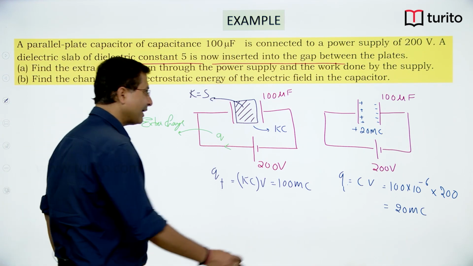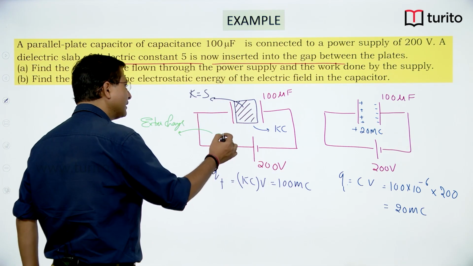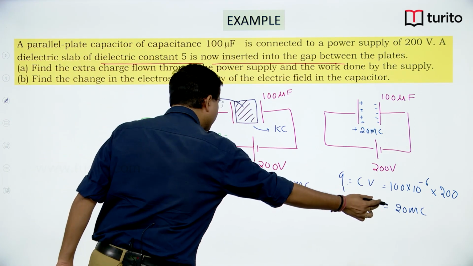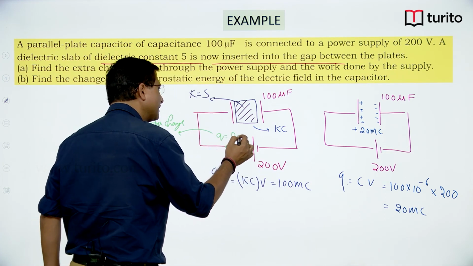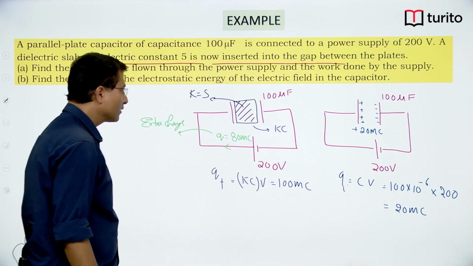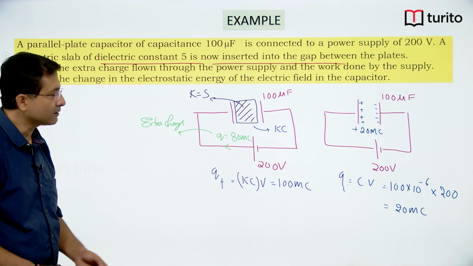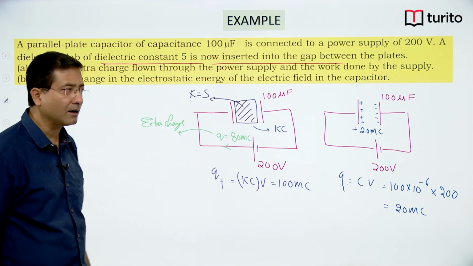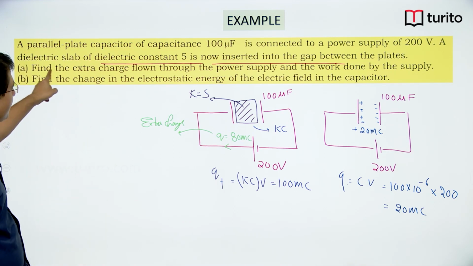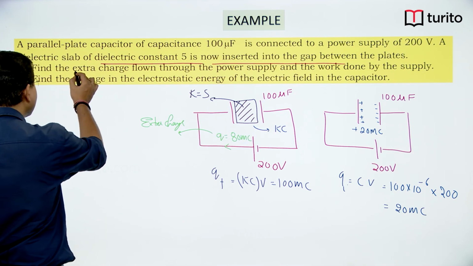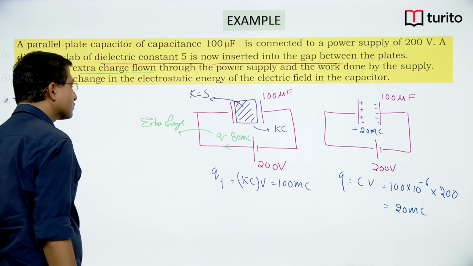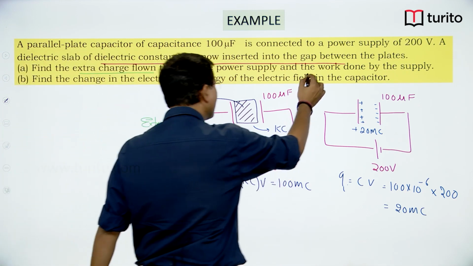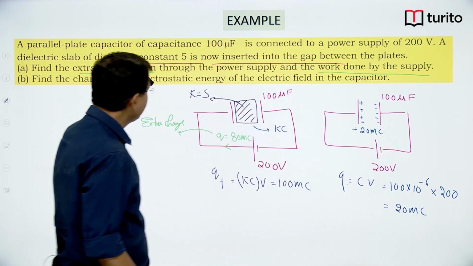That means the extra charge flowing in is 100 minus 20, which gives you 80 millicoulomb. So the extra charge that comes into the system is 80 millicoulomb, flowing through the power supply, and the work done by the supply, extra charge we got.